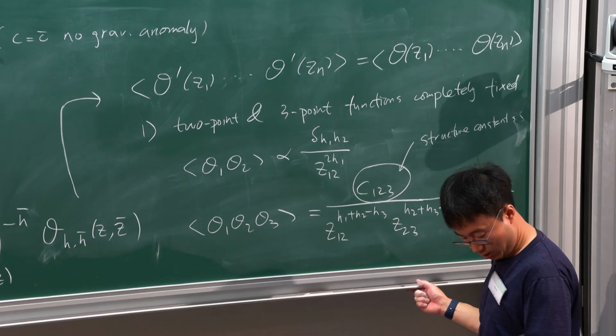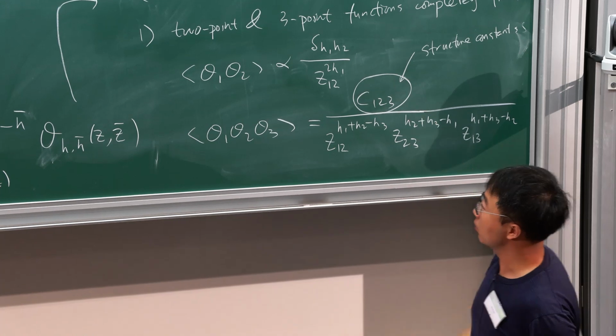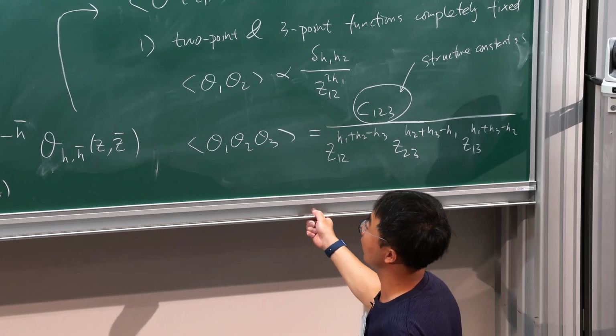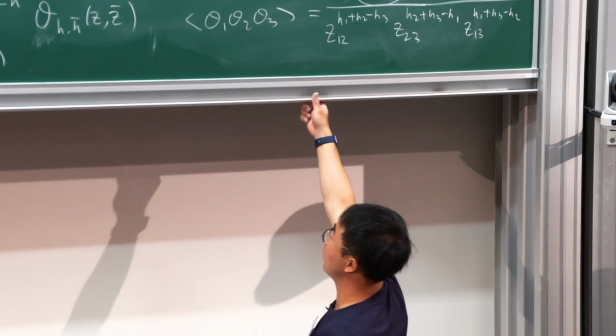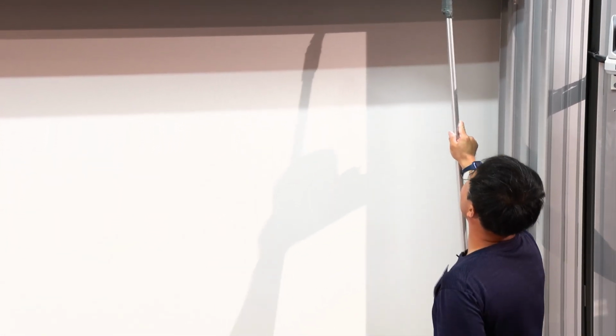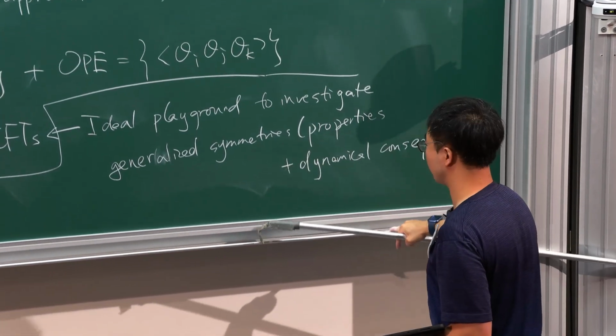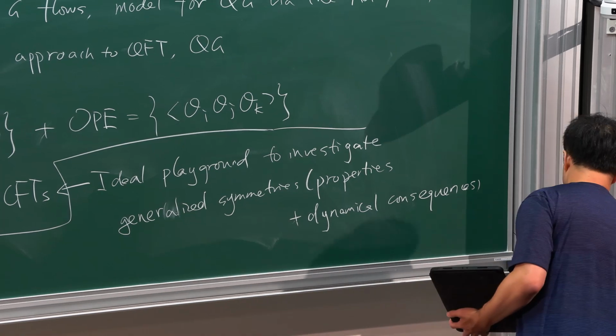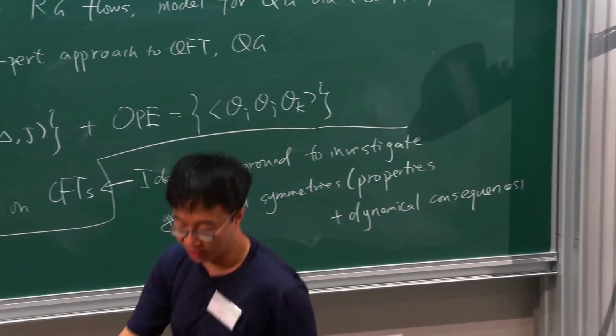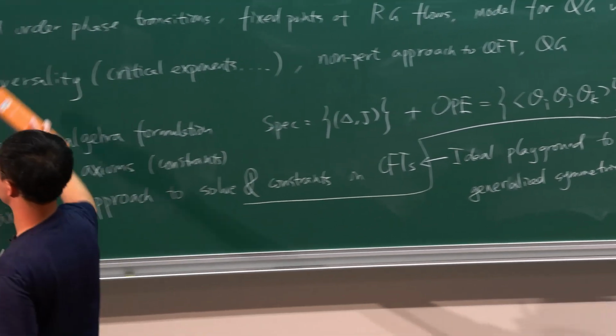And the second consequence of these Ward identities is about correlation functions. So far we're talking about just operators that are primaries, in this context, Virasoro primaries.